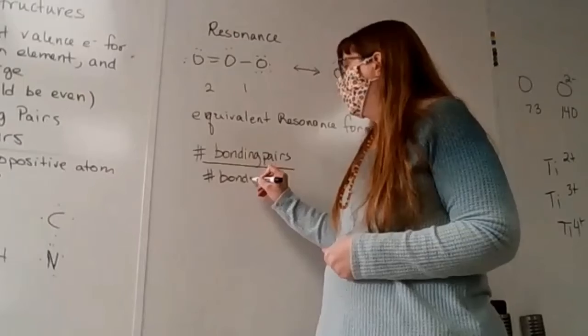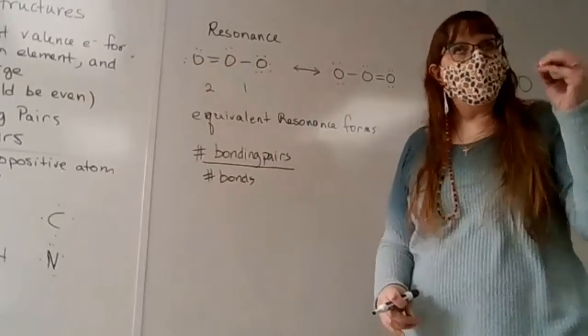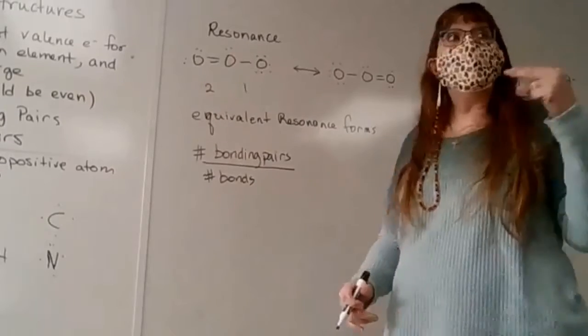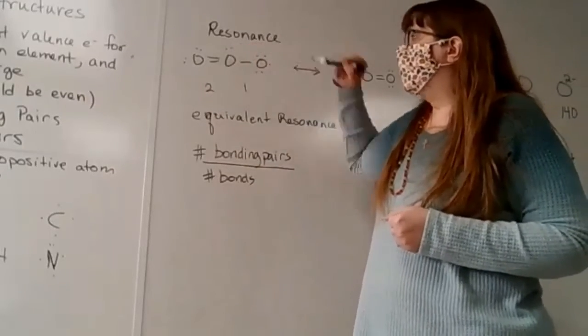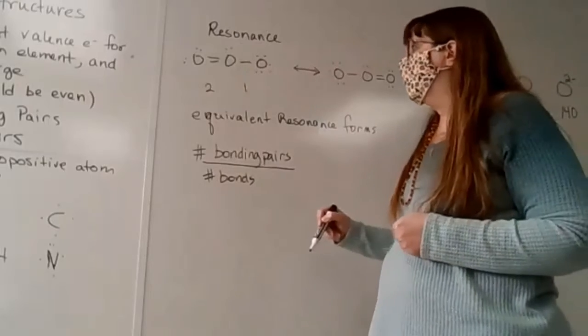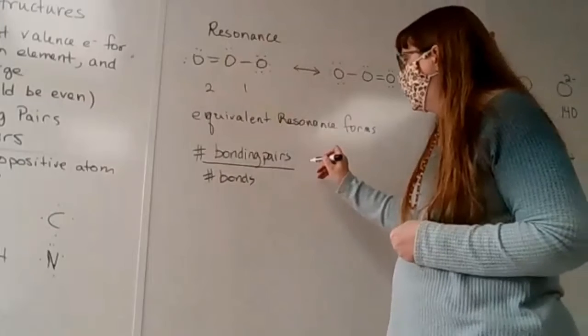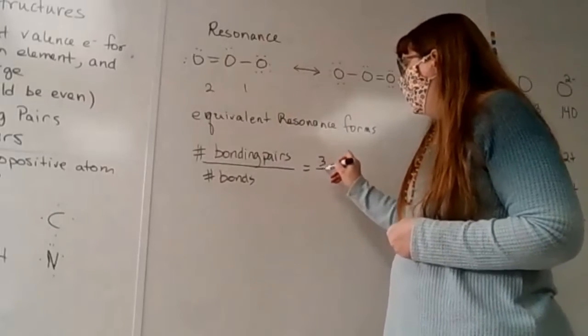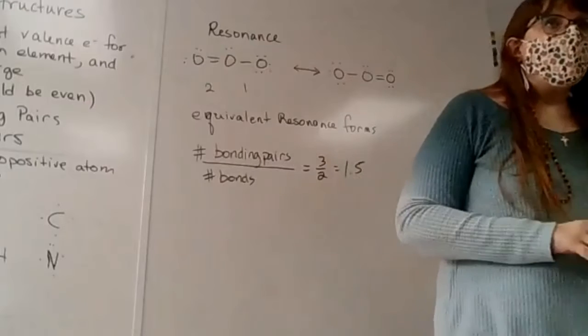The double bond has 2 bonding pairs and the single bond has 1, so 3 bonding pairs divided by 2 bonds gives me a 1.5 bond order.